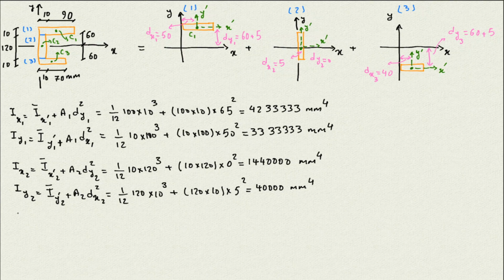And the same for the third one. So Ix for the third one is the I about its centroid plus its area and the distance between the axes to the power of 2.